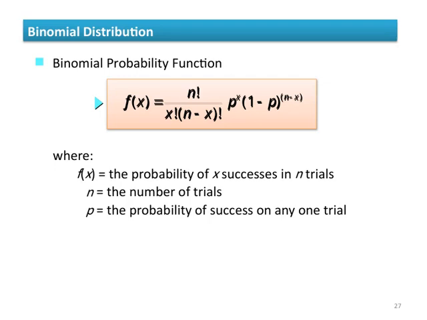Let's take a closer look at the binomial distribution. Here, you'll notice that f(x) represents the probability of getting exactly x successes in n trials. Think of it as a way to find out how likely a specific number of successes is when you're running a series of experiments or trials.